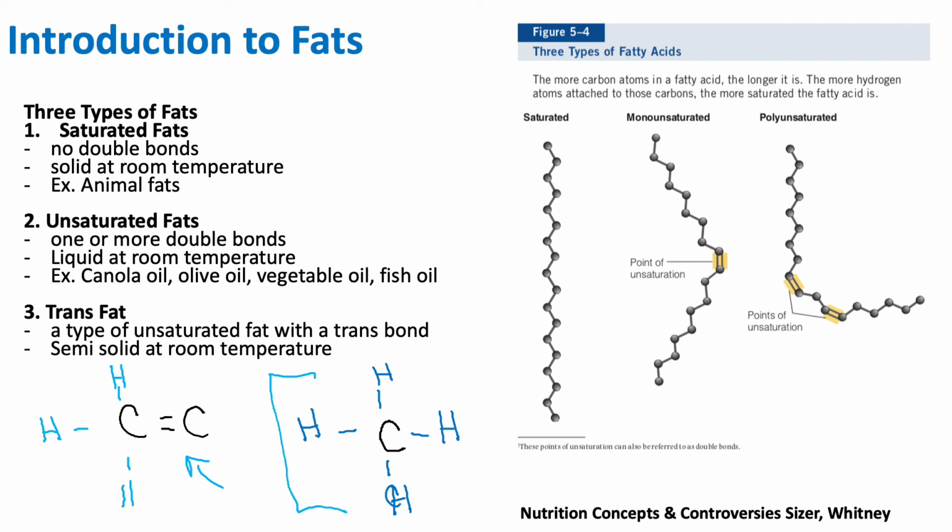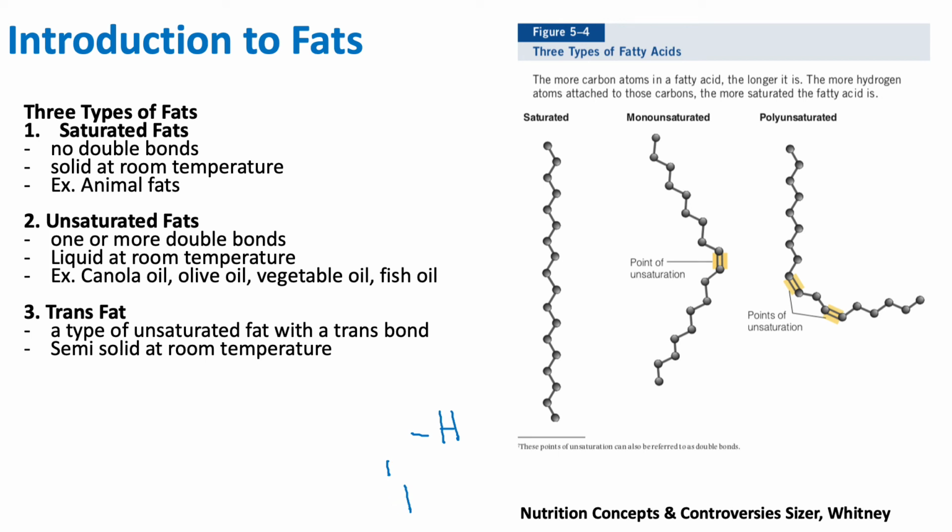Now, when we talk about bonds, there are 2 different types of bonds we can have. We can have a trans bond or a cis bond. So a trans bond is when we have a double bond and the hydrogens are on opposite sides.